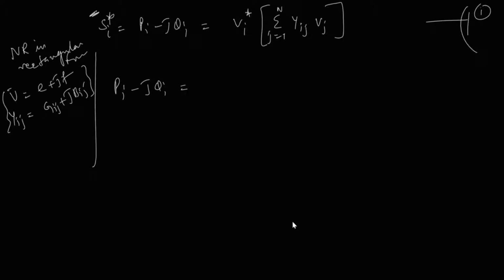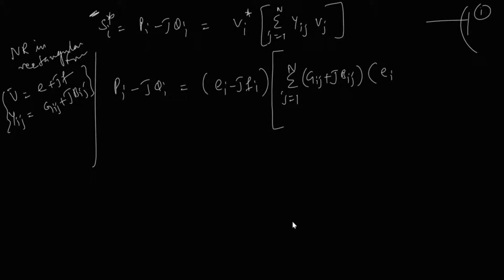Now Vi conjugate is Ei minus jFi, as I am taking the conjugate, multiplied by the summation over j equals 1 to n of Yij, that is Gij plus jBij, multiplied by Ej plus jFj.